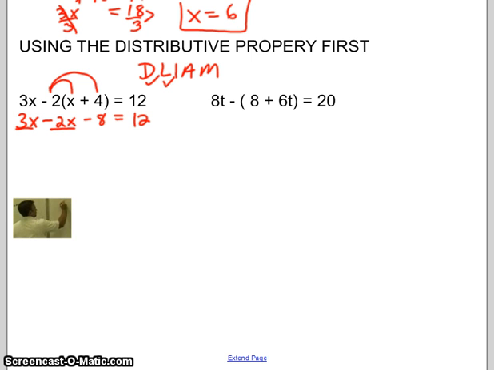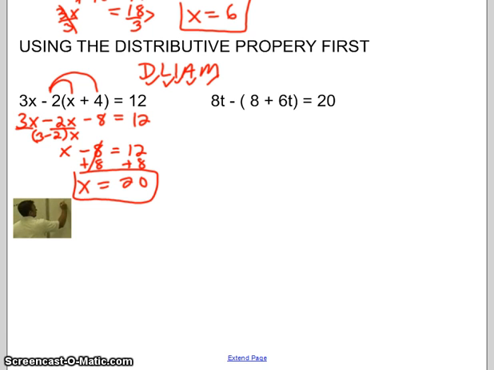Negative 8's by itself over here. 12's on the other side of the equation. 3x minus 2x. 3 minus 2, x, or just 1x. So if x minus 8, can we add or subtract? Yeah. Let's add 8 to both sides. And we get x equals 20. Alright, there's no multiplication here because x is already by itself.